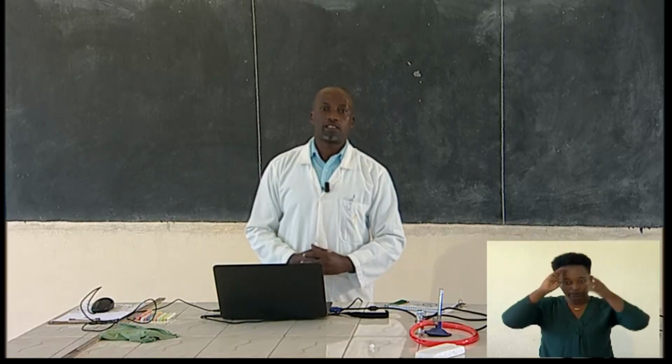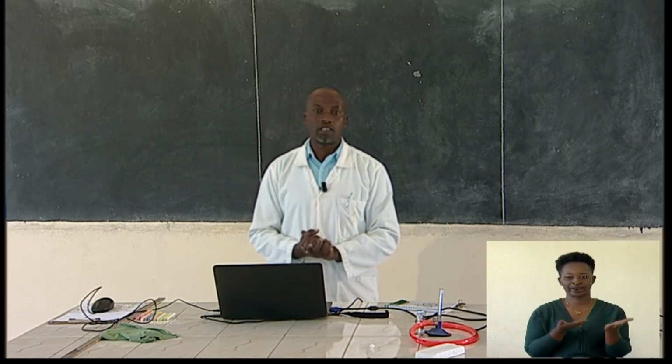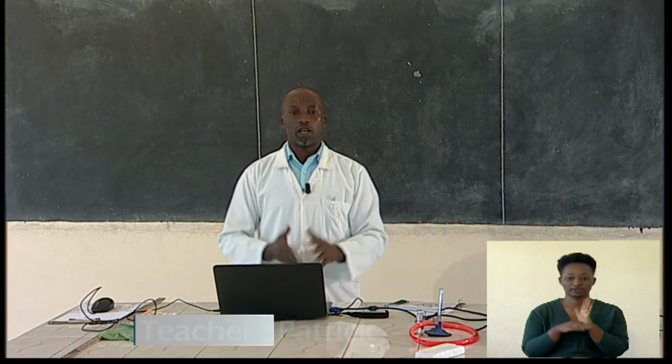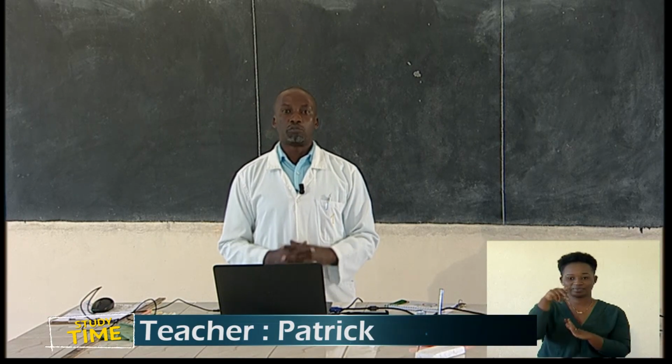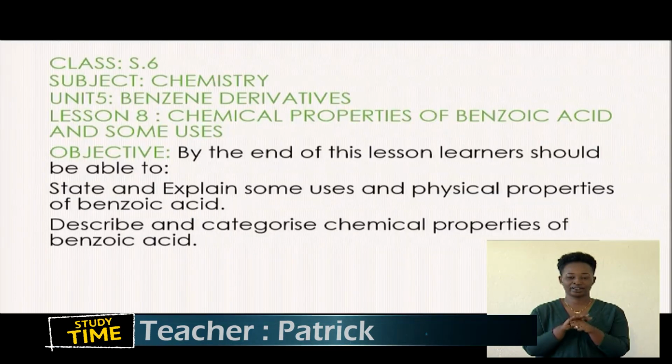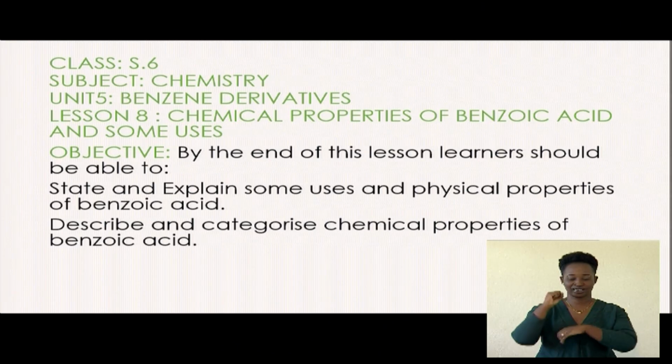Hello, dear students. Welcome back once again to the TV learning programs. I'm teacher Patrick, as usual, and I'm so privileged once again to be with the Senior 6 chemistry class. You remember in the previous lessons, we've been talking about benzene and its derivatives.